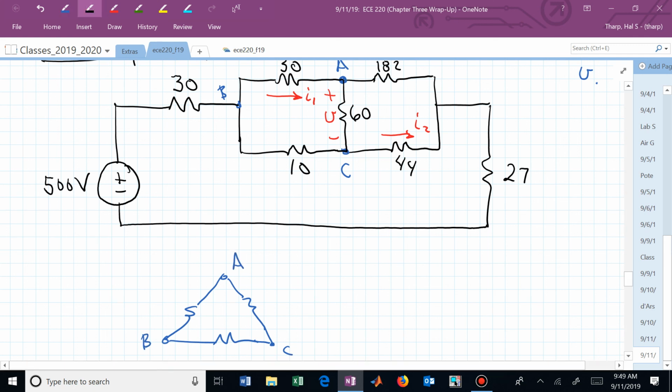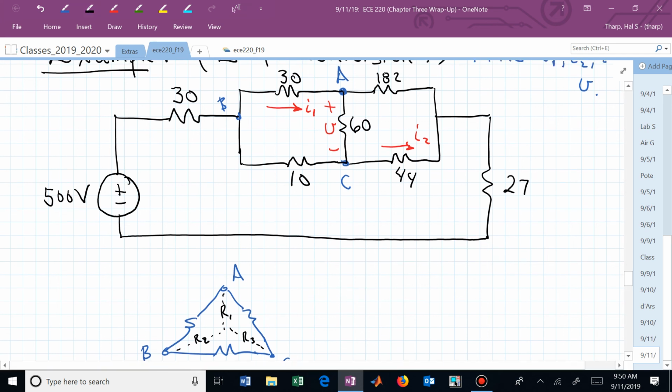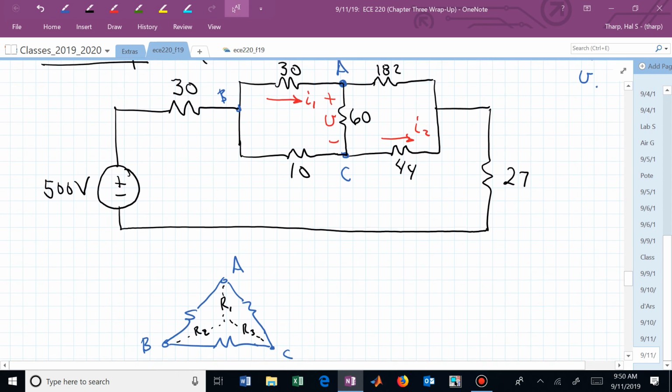And now you want to find R1, which is here, R2, which is there, and R sub 3, which is there. And then we could start to maybe simplify the circuit.